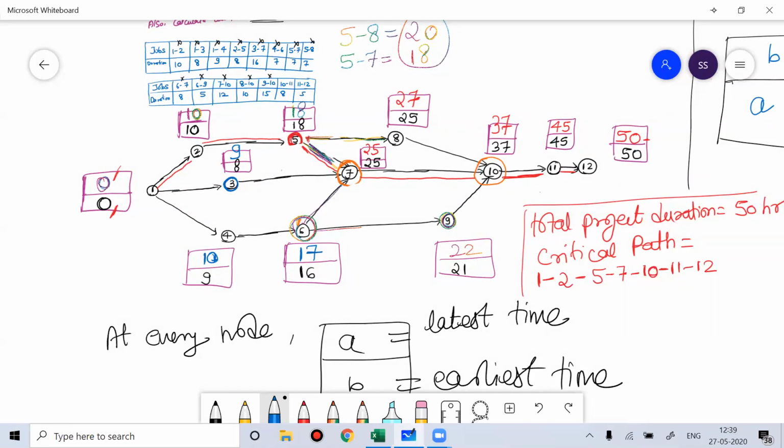We talked about calculation of earliest time by forward pass and latest time by backward pass. Then we talked about calculation of total project duration and the critical path. This much we have done today.